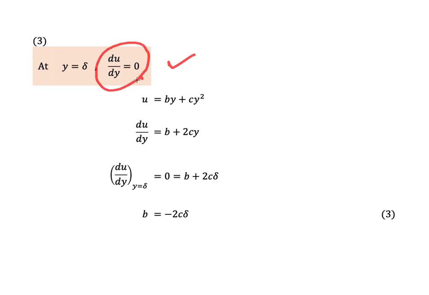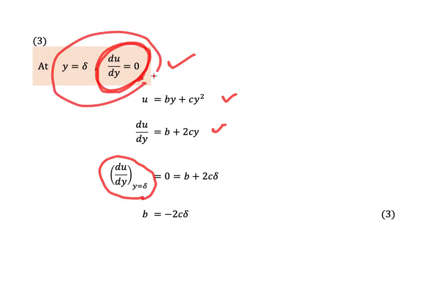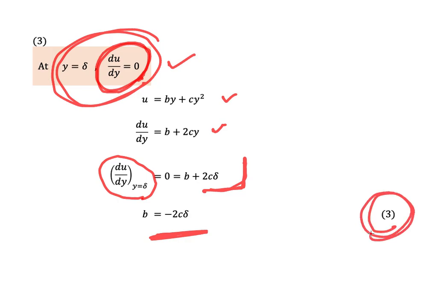It means there are no changes of velocity along the y axis. Because we need du/dy, we write du/dy as this one, and then substitute at y equal to delta based on this condition, so we get this term. Then we get b equal to negative 2c delta, which we determine as equation number 3.